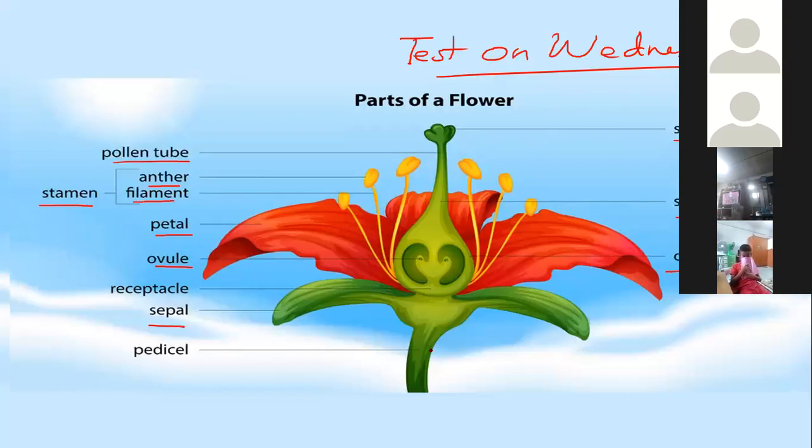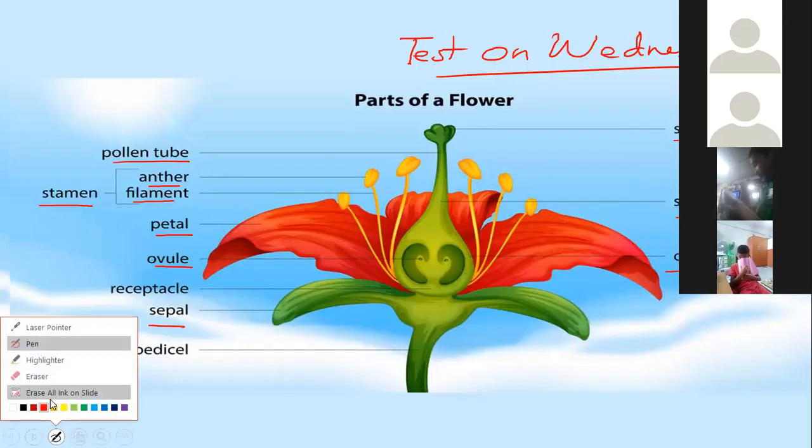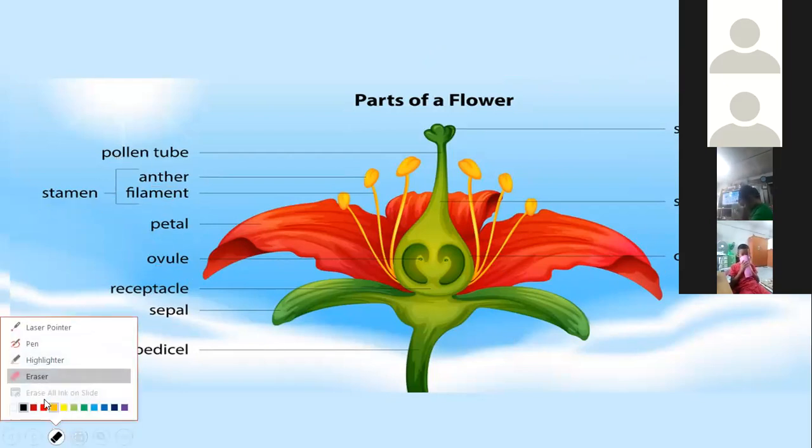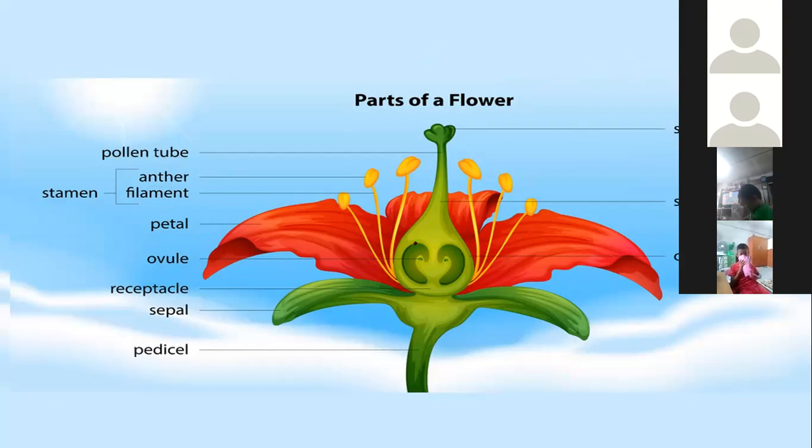This is our vocabulary. Everybody, are you listening? Are you listening, grade 5, grade 4? Yes. Okay, this is our vocabulary number 1, stigma.